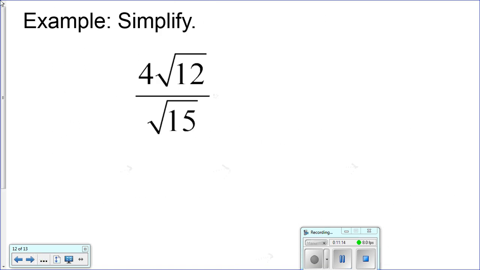Alright, so here's one where we have a radical in the denominator, and that's not allowed. So, to get it out of the denominator, we're going to multiply the denominator by the square root of 15, and the numerator too. Okay? Because when I have a fraction where it's the same number on top and bottom, that's equal to 1, and when I multiply by it, it doesn't really change anything.